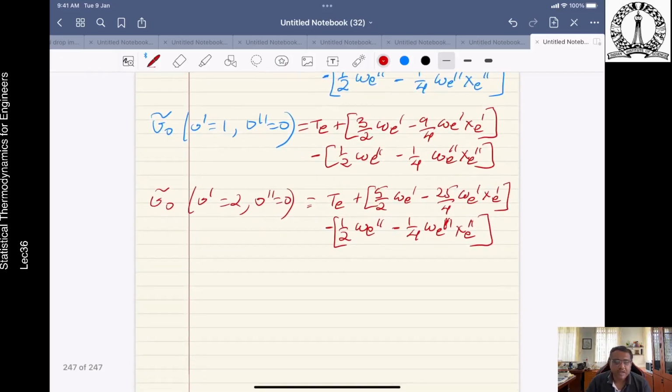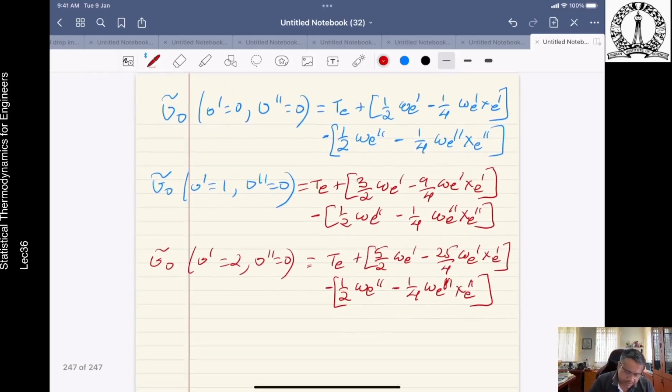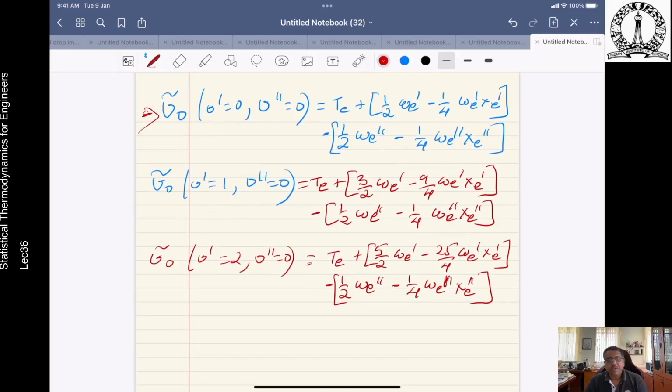So if we subtract the first of these equations from each of the remaining two equations, we get the following.